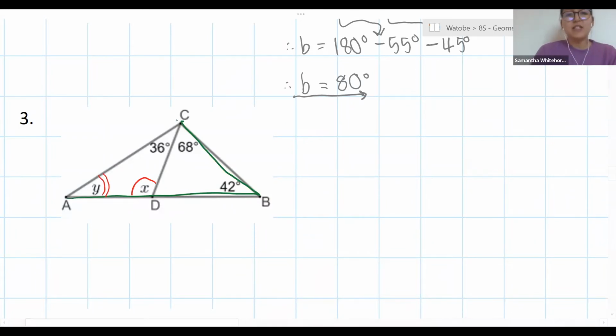So the exterior angles would either be this angle over here to this triangle ADC, or you've got an exterior angle X to this triangle DCB. Does that make sense? Oh wait, no, I figured this out. Never mind.